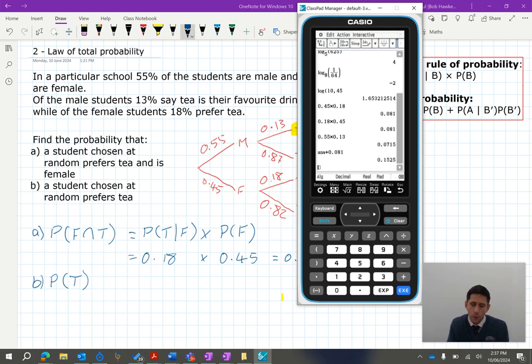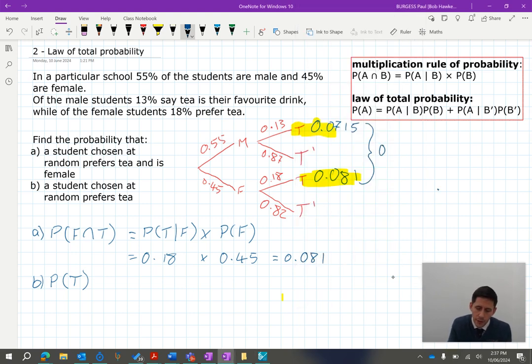We get 0.1525. That is 15.25% as my probability here that you randomly choose someone and they like T.